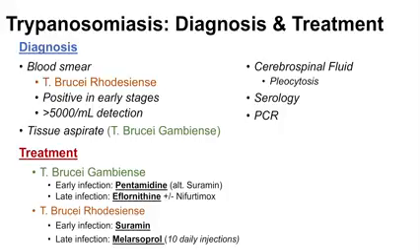Well, it appears that eflornithine has no effect on treating Trypanosoma brucei rhodesiense, so we have to use melarsoprol. So that's the reason why it's important to also figure out what species we're dealing with. And melarsoprol can be given as 10 daily injections, and that's been shown to be effective.